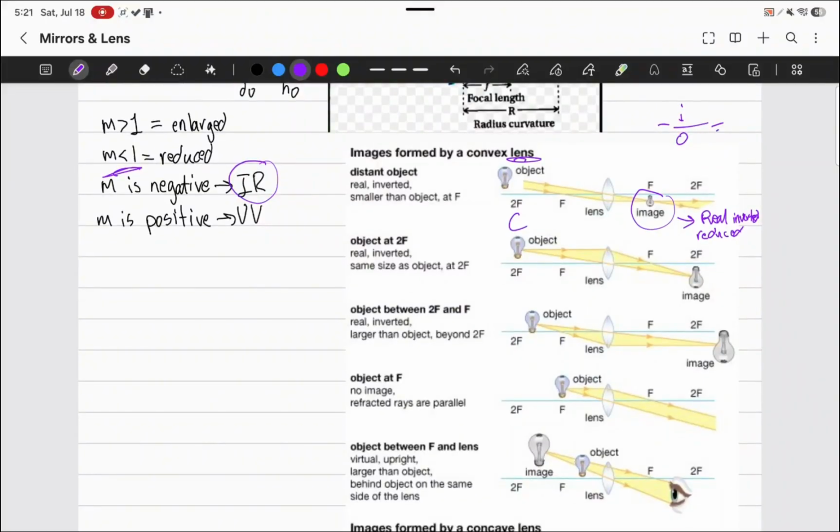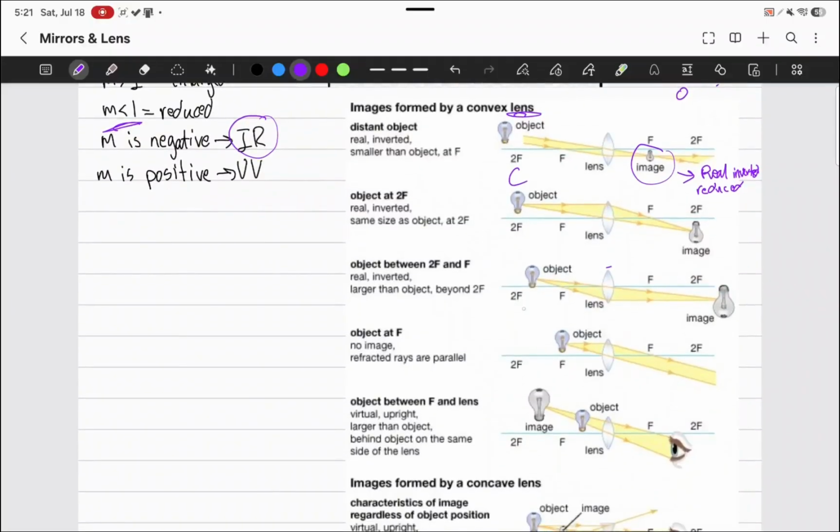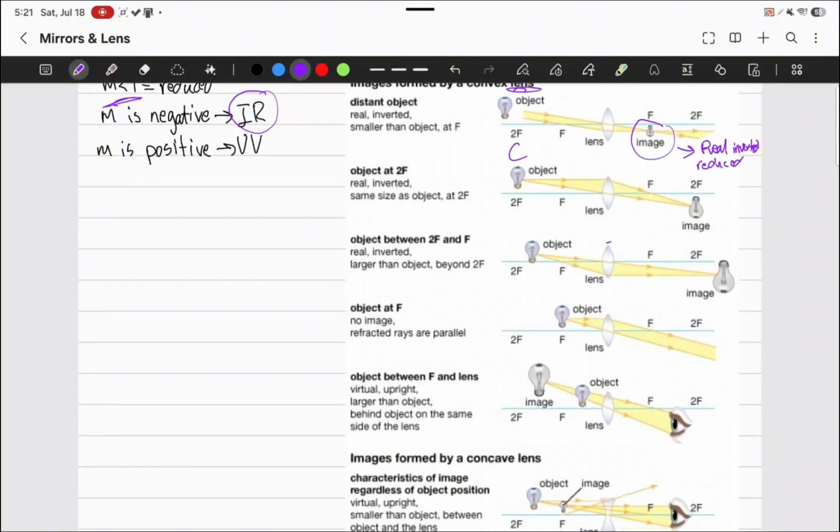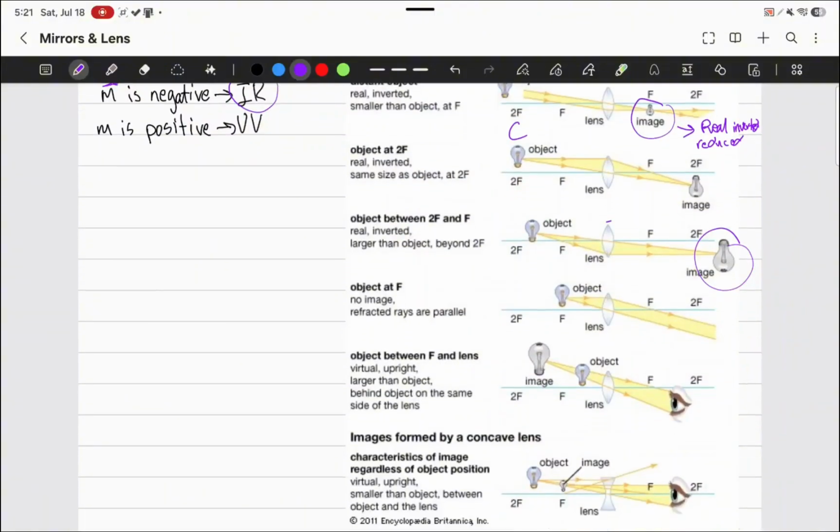If it's exactly at 2f, then it would be the same size. di and do would be the same, so magnification is equal to 1, and it would just be real and inverted. If it's somewhere between the center of curvature and the focal point, then it would be larger, because do would be smaller than di, and that would make the magnification greater than 1.